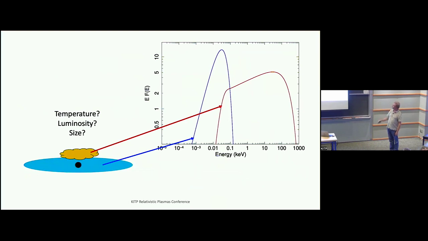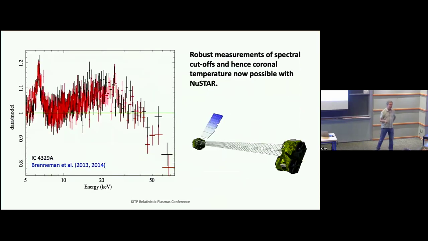So firstly, the temperature. A general statement: whenever you build a new instrument, you can do interesting things with it. That was true back in 2012 when NuSTAR was launched. NuSTAR is the first and right now only focusing hard X-ray telescope, so it gives you the ability to make very sensitive hard X-ray spectra.